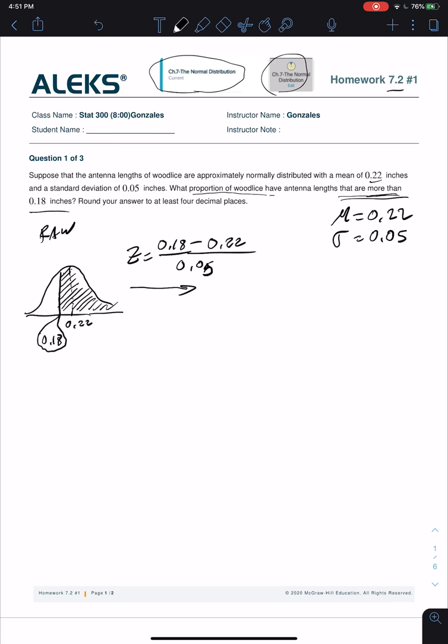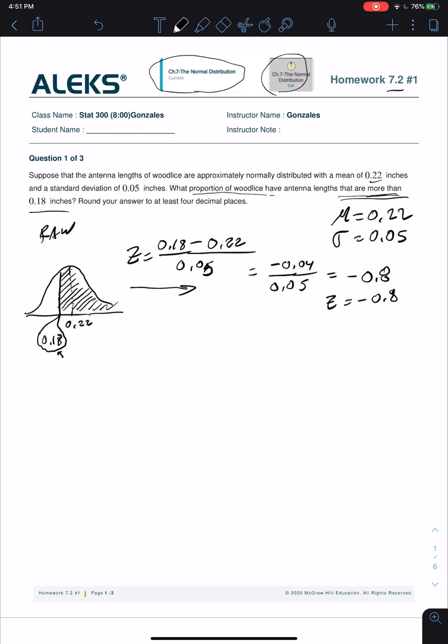In the numerator, we get negative 0.04 over 0.05, which is negative 0.8. That's the z-score associated with the raw score of 0.18.